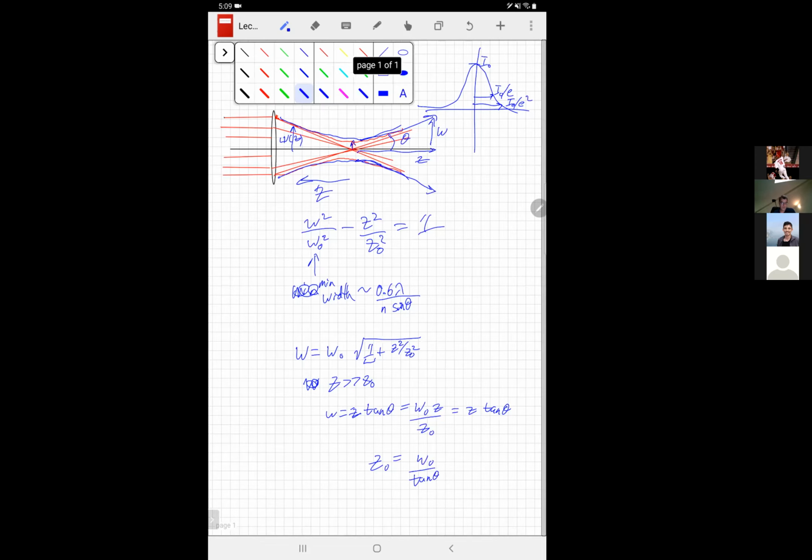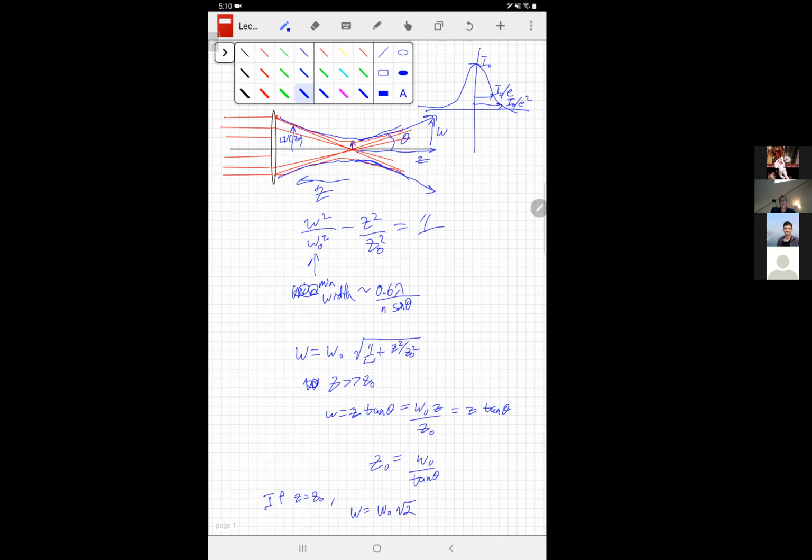Now, let's try to interpret this. First, we could ask, what on earth does Z naught even mean? One way to figure out what Z naught means is to just plug in Z equals Z naught. Then Z naught squared over Z naught squared is 1, so W is W naught square root of 2.